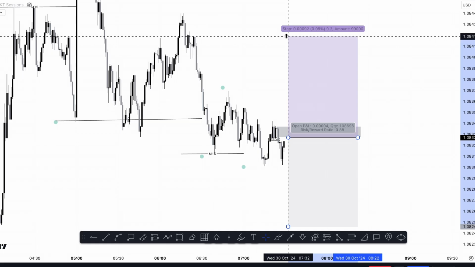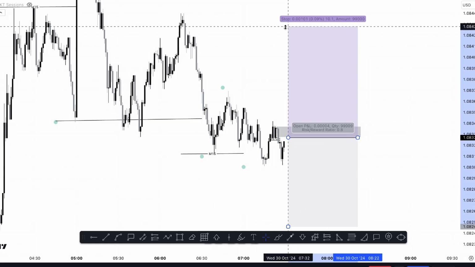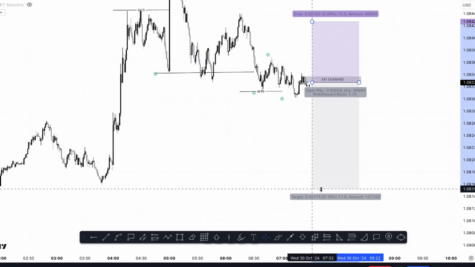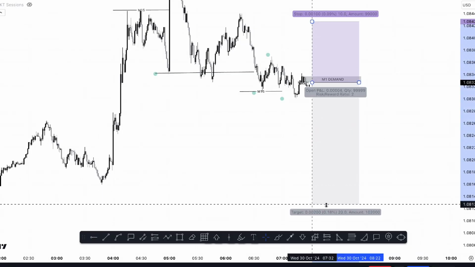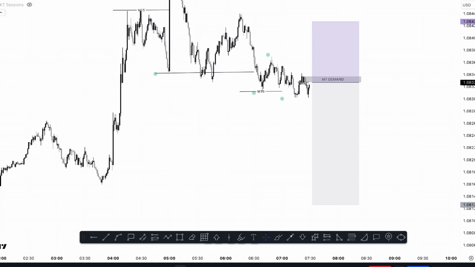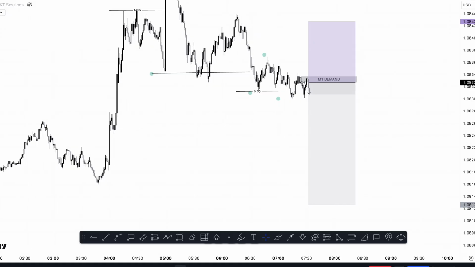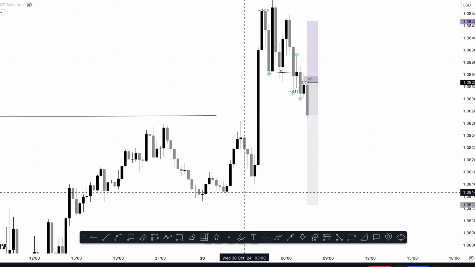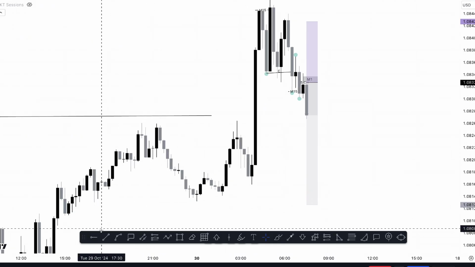My stop was 10 pip, and I was targeting a 1 to 2. So price pulled back, tapped us in, and then price was doing its own thing, but I didn't catch my entry until price made this structure break right here.